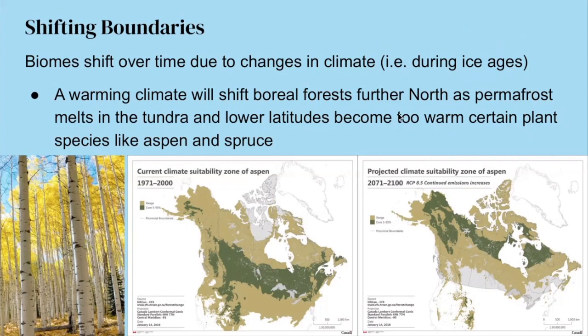So this graph here shows what that would look like. We see that this green area is the major part of this biome, and it will likely be shifting north up to right here if our climate continues to warm.